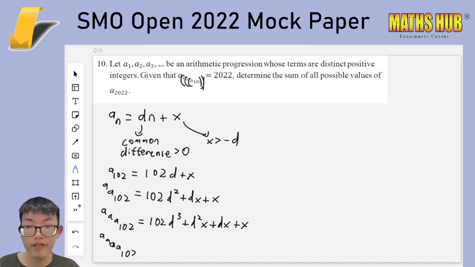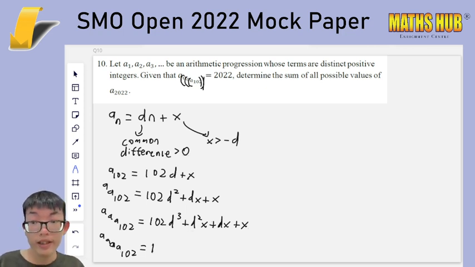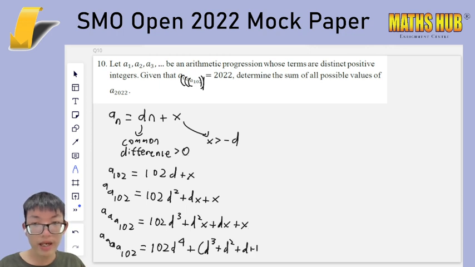It's just write it down very carefully. Make sure you don't miss any terms when you're multiplying by d plus x. I'm going to clean it up a little bit because only the first term doesn't have x. Everything else behind has x multiplied by an increasing power of d. So d cubed plus d squared plus d plus 1 times x. And this is supposed to be 2022.